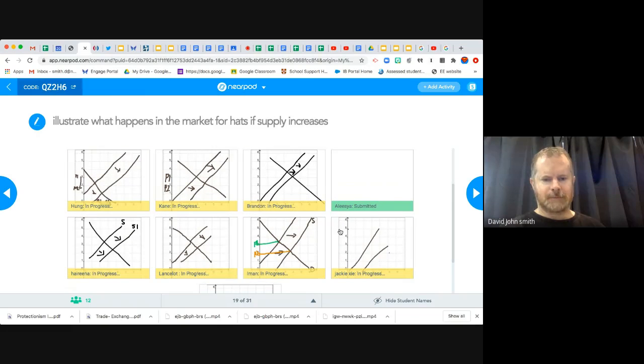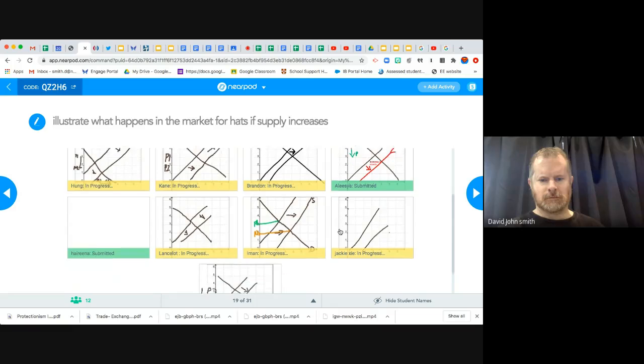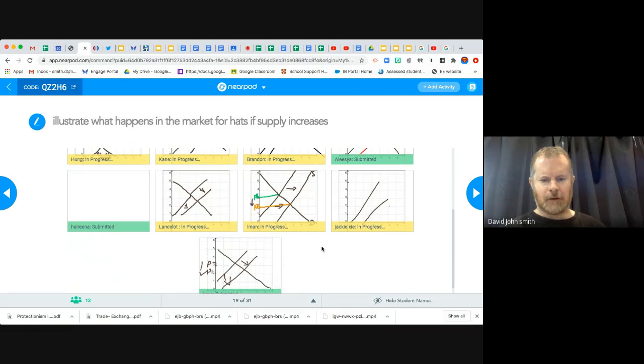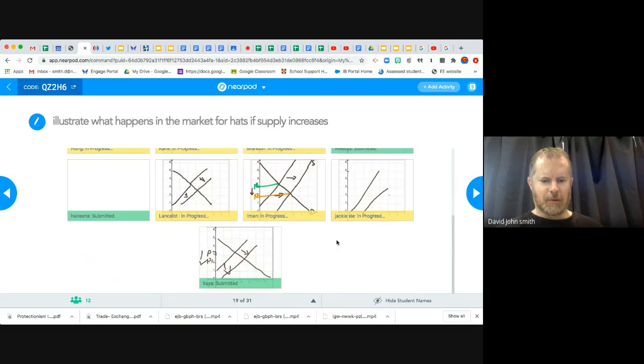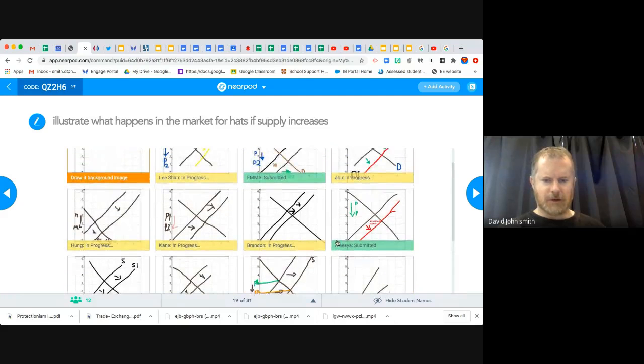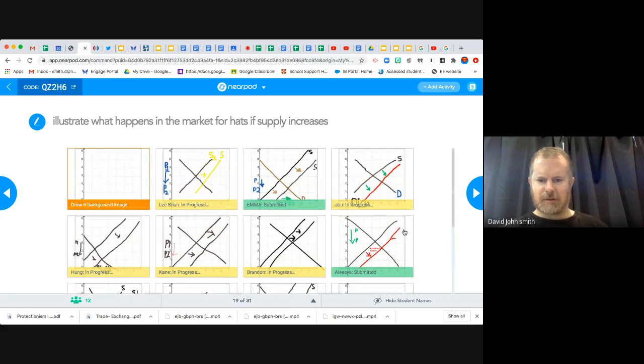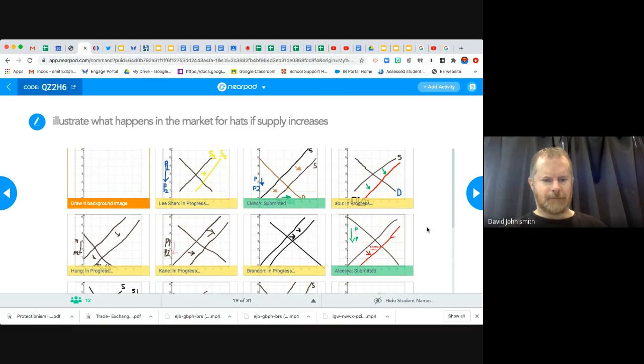Good work, Kane. All right. Remember, this is probably the harder one to do because you're trying to do it on your computer. And you've got to remember the direction supply curve shifts.